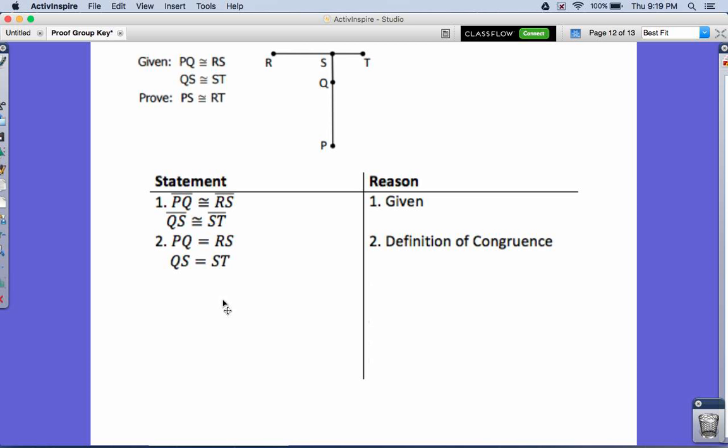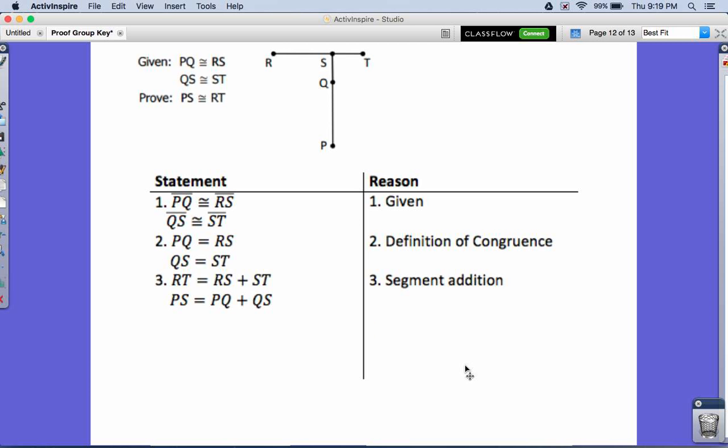Now, since we know that PQ equals RS and that QS equals ST, and we can use our picture, we are actually going to say that RS plus ST equals RT, just like we would have before, using segment addition, and we're going to say that PS equals PQ plus QS. Again, that was by segment addition.